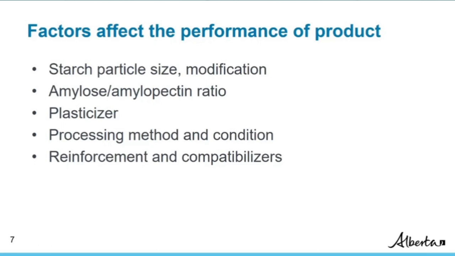And the method of processing, like if you use the casting method or thermomelting method, they all make a difference. Finally, whether you add additives to reinforce the performance, and if you put something else there, in some cases you need a compatibilizer to help couple different ingredients together.